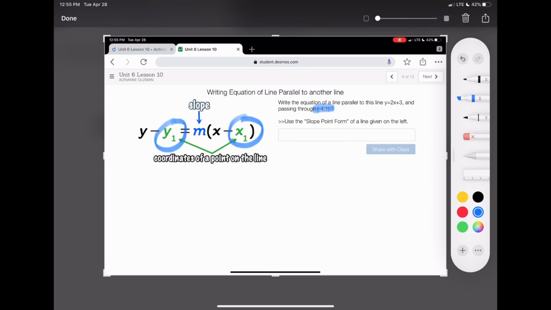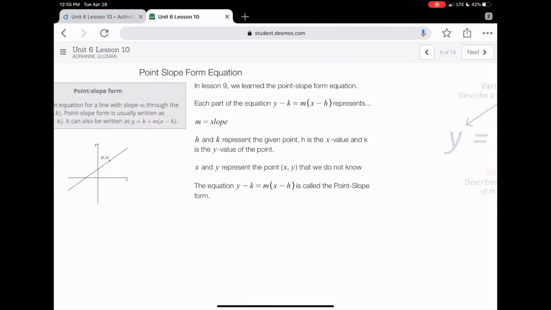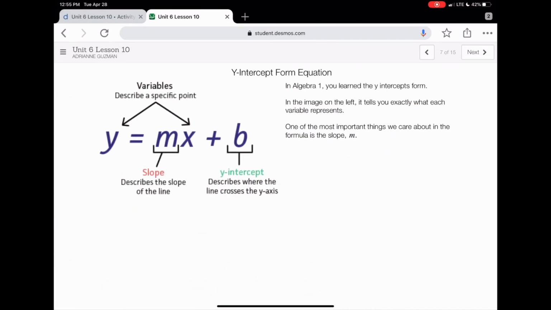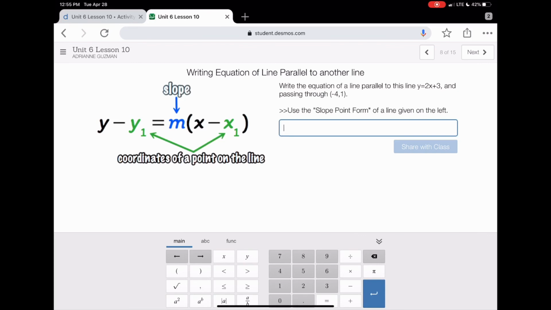That's your point here. Now, what's your m? Your slope? That's somewhere here. Because they're saying that it's going to be parallel to this line. And what did we say earlier about parallel lines? Well, if they have the same slope, then they're parallel. So, with that in mind, go ahead and tell me what your equation would be.